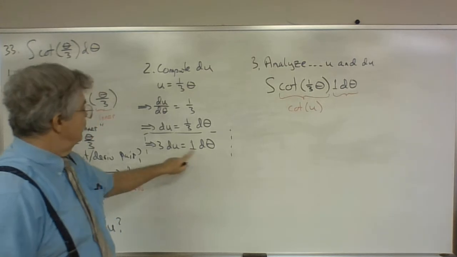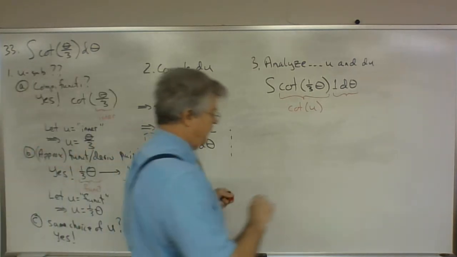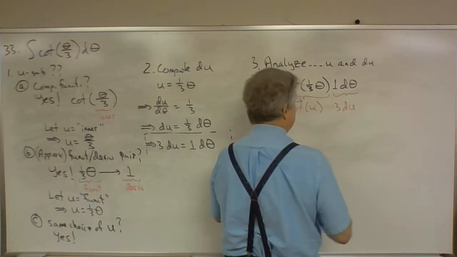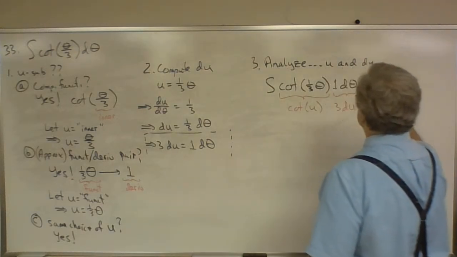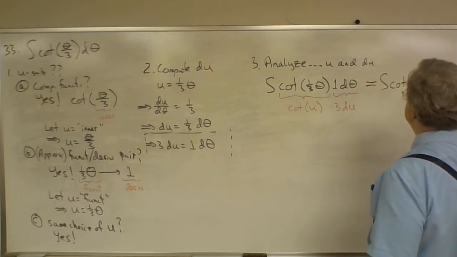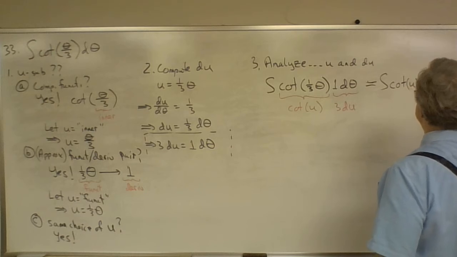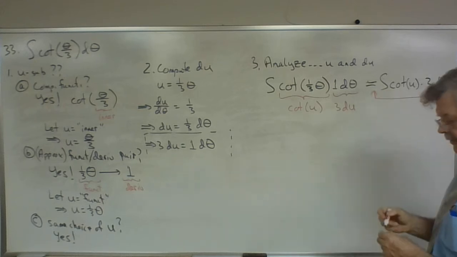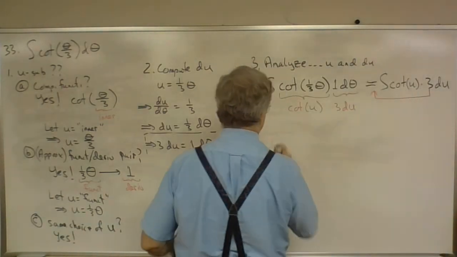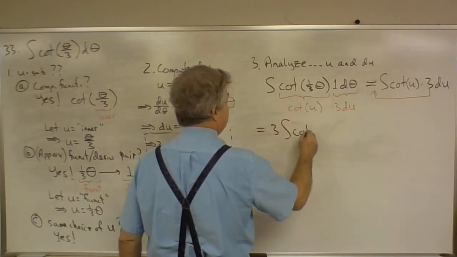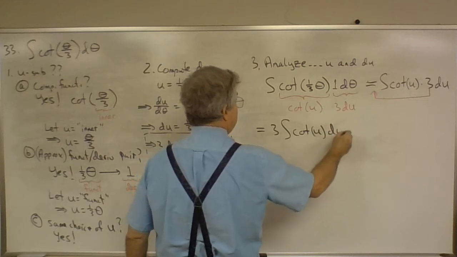So this is 1 d theta, that's 3 du. And our antiderivative turns out to be antiderivative of cotangent u times 3 du. And this constant factor inside the integrand, we're going to move that out front. 3 times the antiderivative of cotangent u du.